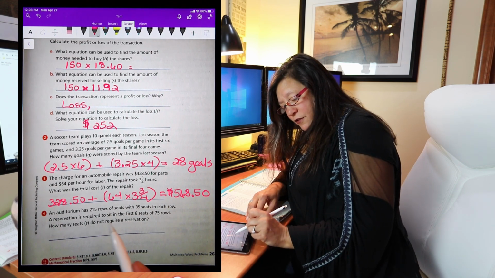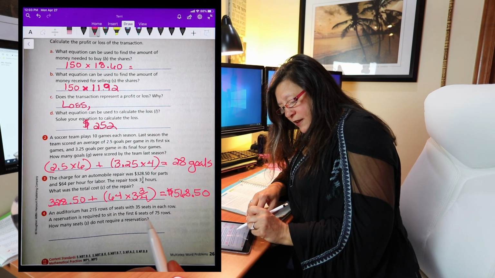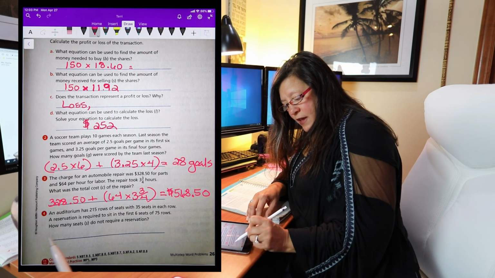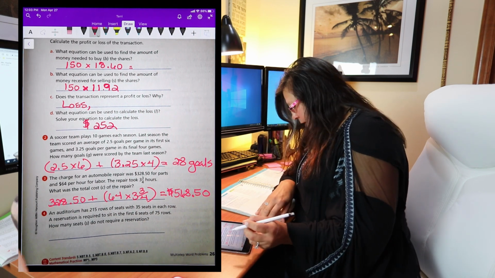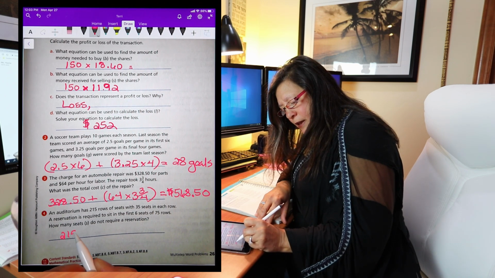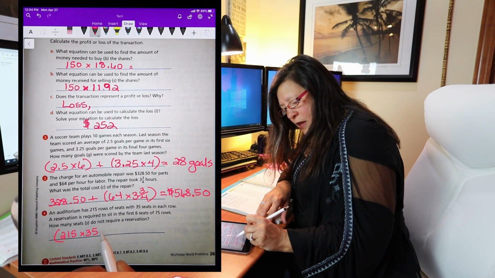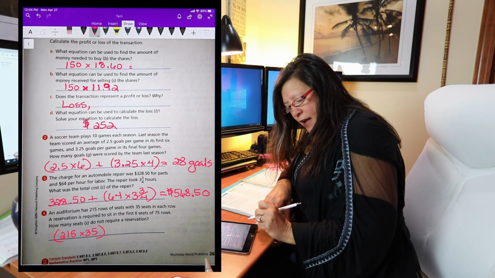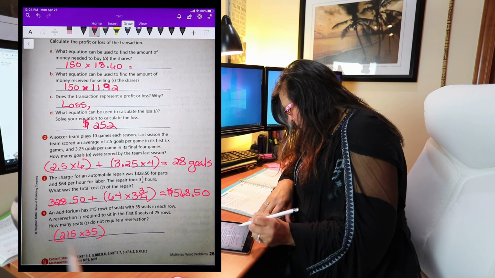Number 4, an auditorium has 215 rows of seats with 35 seats in each row. A reservation is required to sit in the first 6 seats of 75 rows. How many seats do not require a reservation? Well, first we're going to find out how many altogether. So there's 215 rows times 35 seats, right?